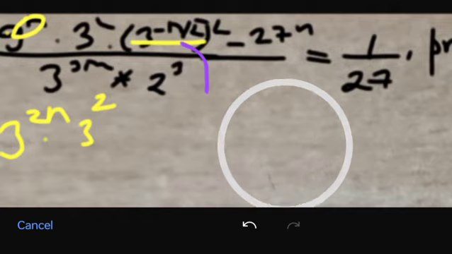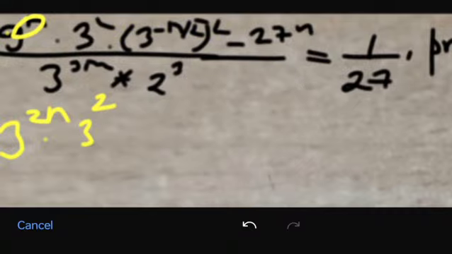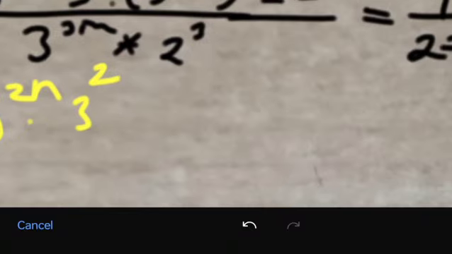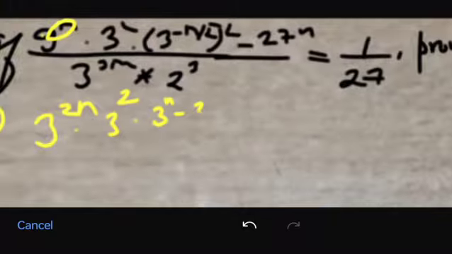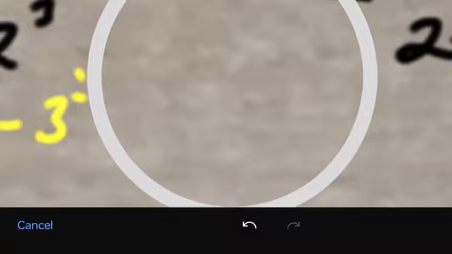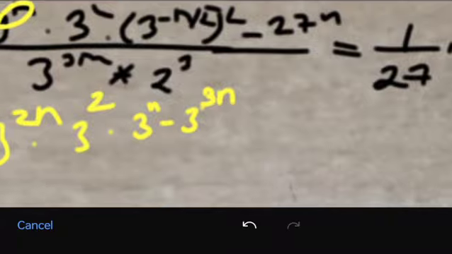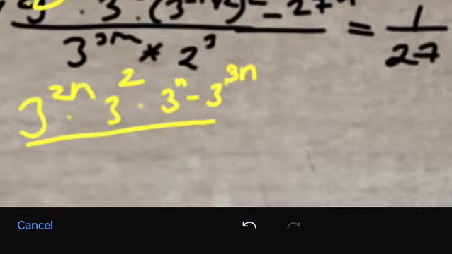So into 3^n, right? And 27 can be written as 3 cube, right? Let me write in an understandable manner. Yes, 3^n. Now this 3^m would be written as it is.